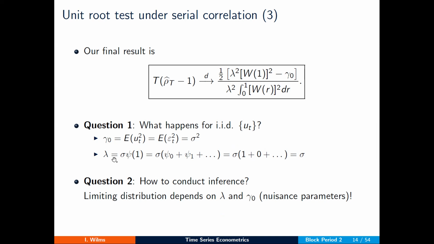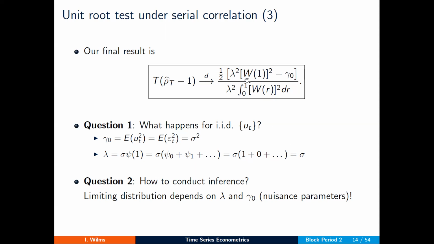Well, lambda is then just sigma times psi_1, which is nothing more than the infinite sum of the coefficients in the MA infinity representation of the errors u. But when the errors u are IID errors, there is no MA infinity representation. Psi naught is then simply equal to 1, and all of the other psi's are 0. So this also simplifies to sigma.